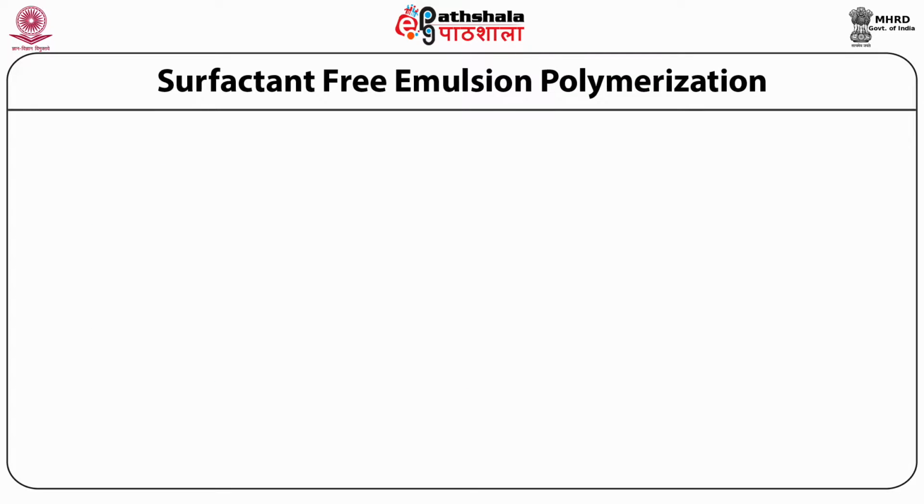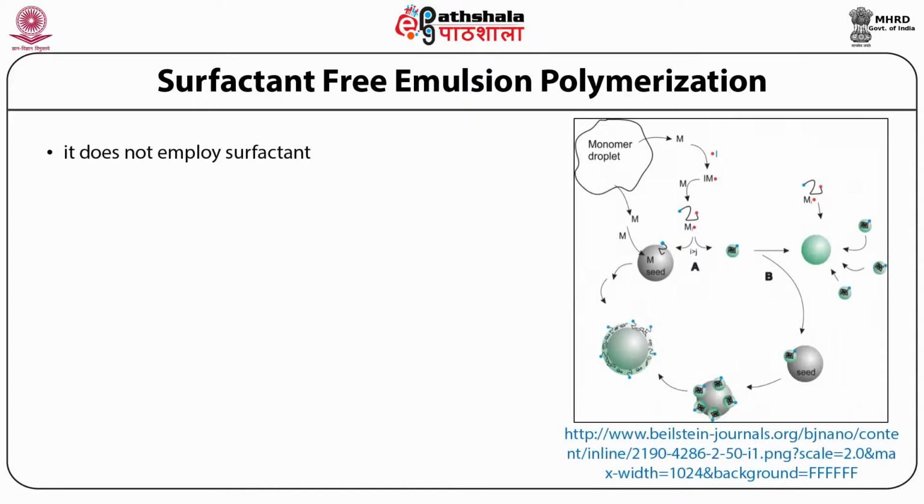Now let us see another technique for preparation of nanoparticles by polymerization, that is surfactant-free emulsion polymerization. This technique has an extra advantage over conventional polymerization as it does not employ surfactant, hence it does not require an excessive surfactant removal process, which is time consuming and costly.